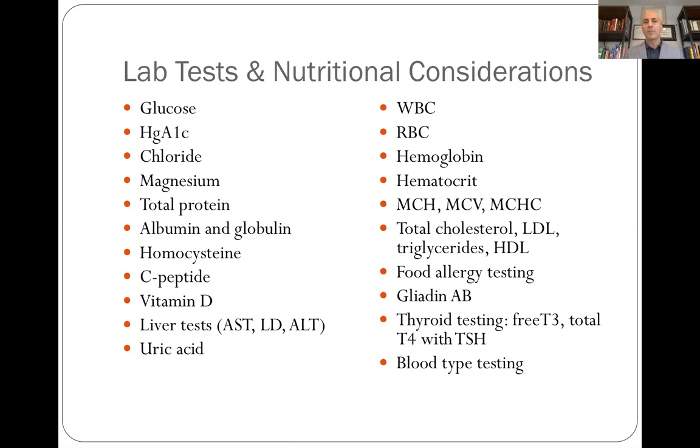So if I check your total protein and it's low, I know that you are deficient in protein. That is something that might be able to be fixed through the diet, and sometimes a protein powder might be best. But if you have a health problem like an autoimmune disease that's super using your protein, you need to know the specific biochemical features for that disease, and then you'll know how to apply protein or what types of protein.